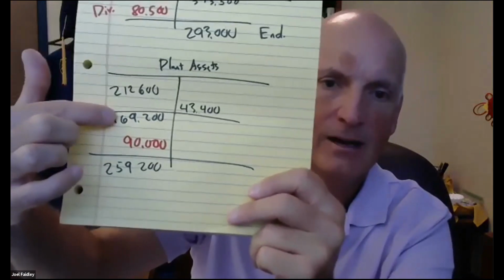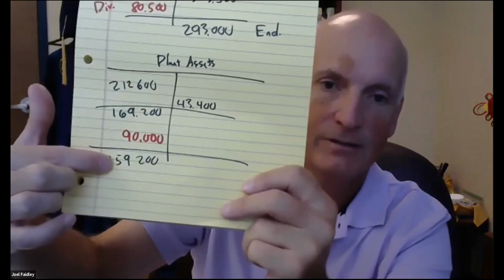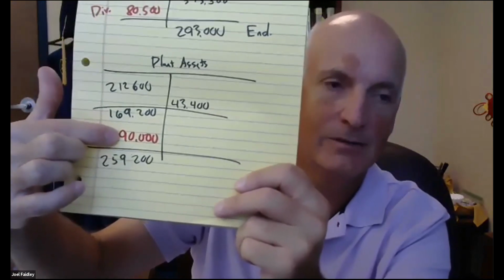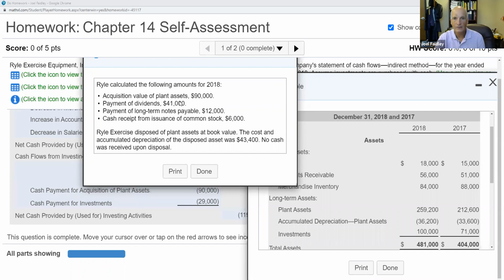And if that's my balance and that's what's given as my ending balance for my balance sheet, then I must have acquired $90,000 of plant assets, which is what they're giving you in these instructions, right? So they're trying to make it simpler by giving you the 90,000. But again, you can calculate it for yourself as well.